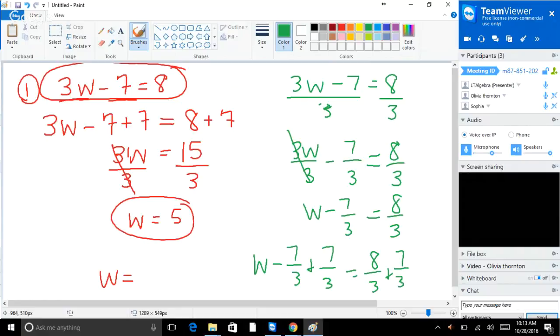And you'll end up with w, if 8 thirds plus 7 thirds is 5. W equals 5. So it works both ways, but can you see how the red side is a lot cleaner? You don't have any fractions.